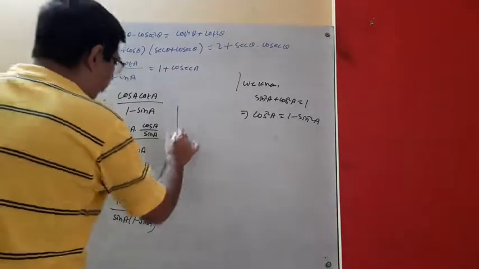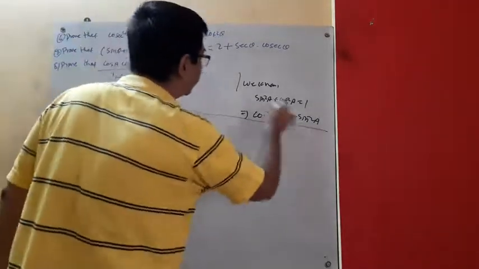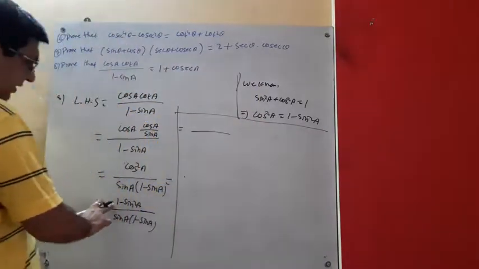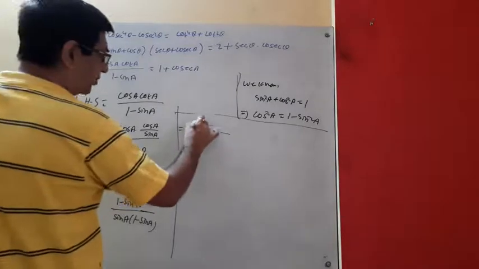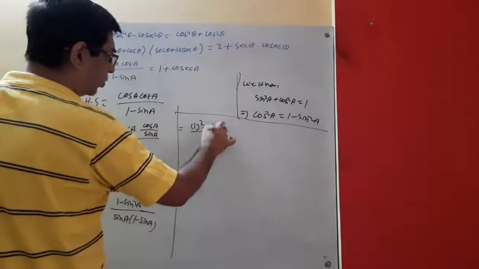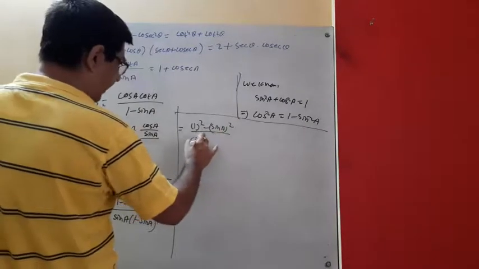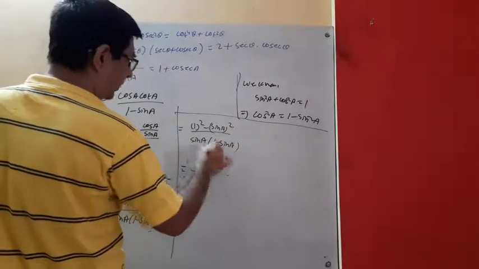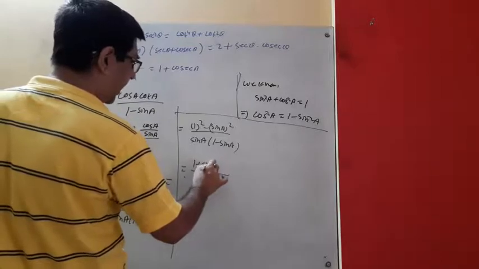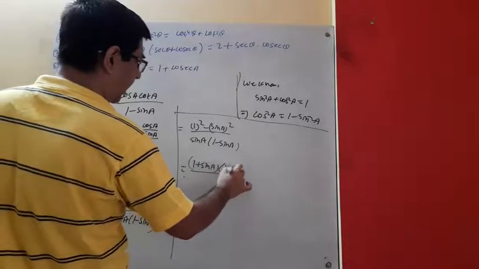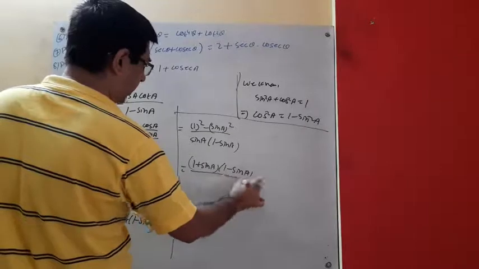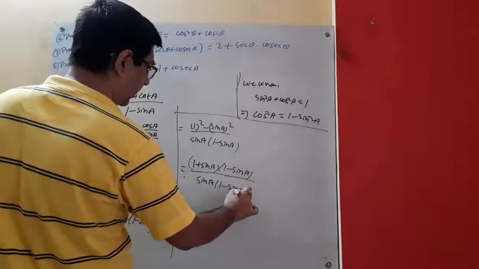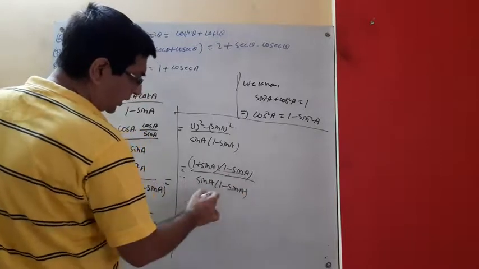Look, what we can write here, this is rough portion. We can write here, look, this is a square minus b square form, 1 square minus sin A whole square form, and this is sin A into 1 minus sin A, right? This is a square minus b square, so a plus b into a minus b, and this is sin A into 1 minus sin A. Look, now this one cancel.